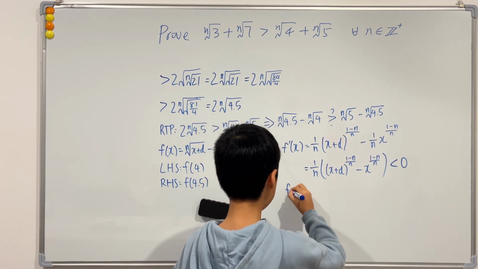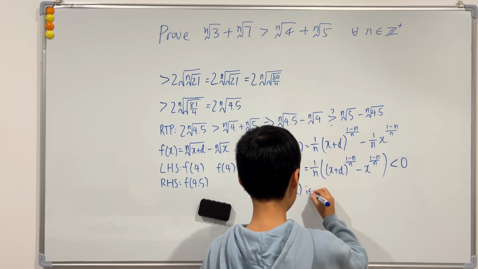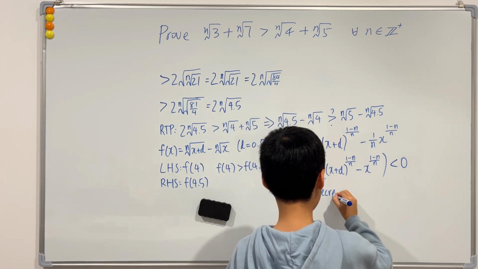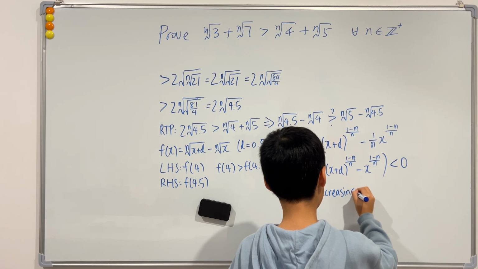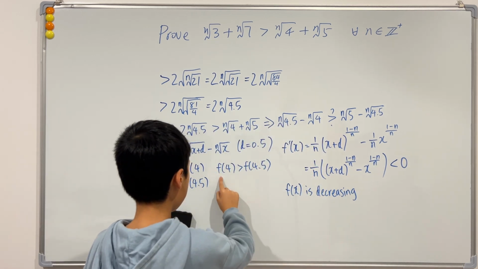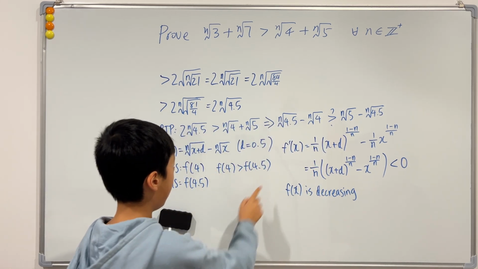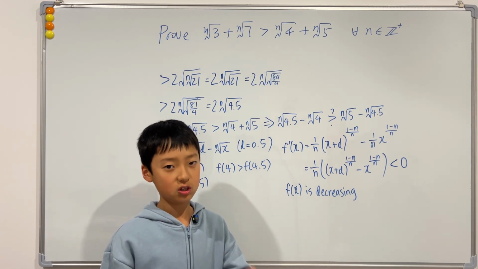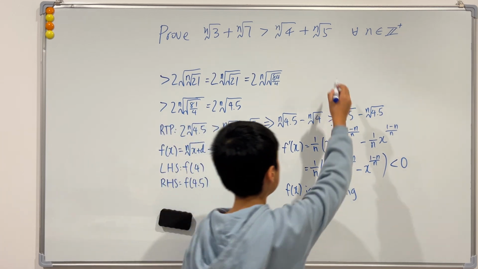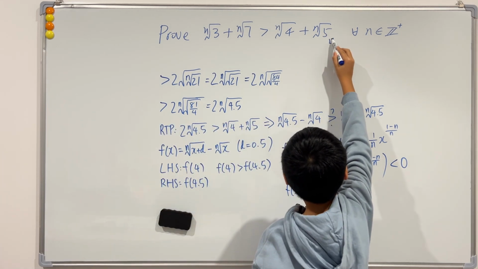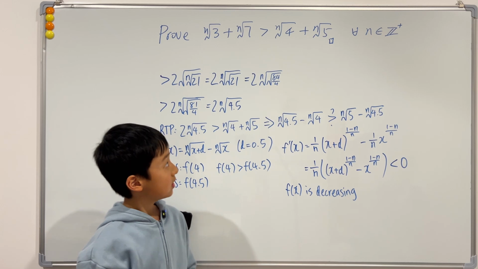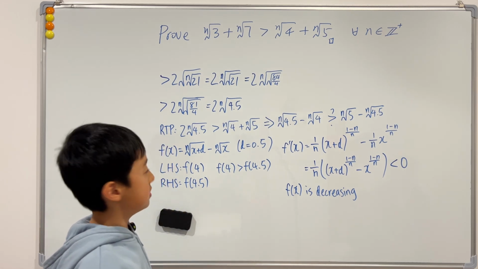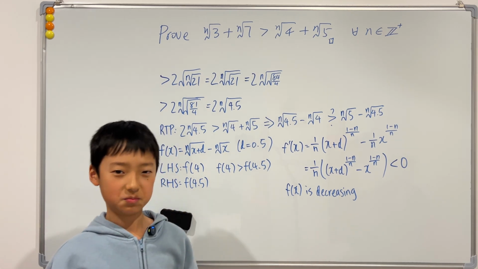So we know that f of x must be decreasing. So we know that f of 4 is greater than f of 4.5, so we proved the whole question. And don't forget, when you prove the question, to write the little box. Okay, so this is the final answer of this kind of relaxing question.